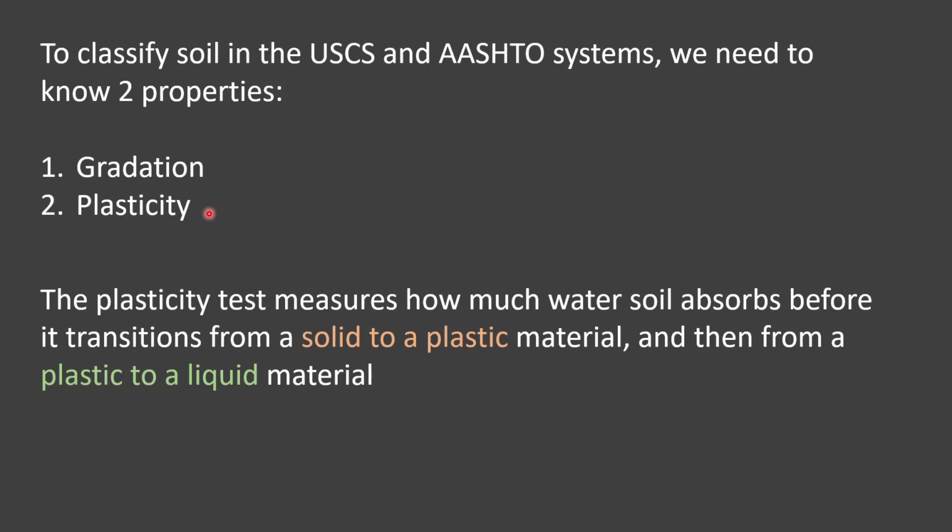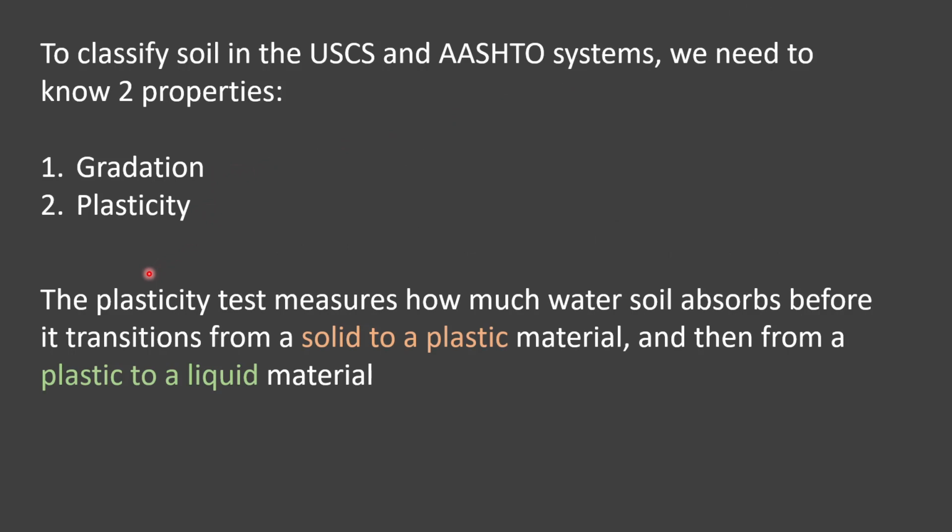Next we're going to look at plasticity, and plasticity is a way to quantify essentially how much clay is in your soil by performing two different tests and measuring specific moisture contents at different behaviors of that soil.